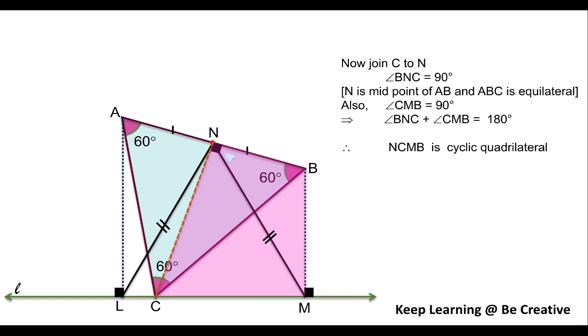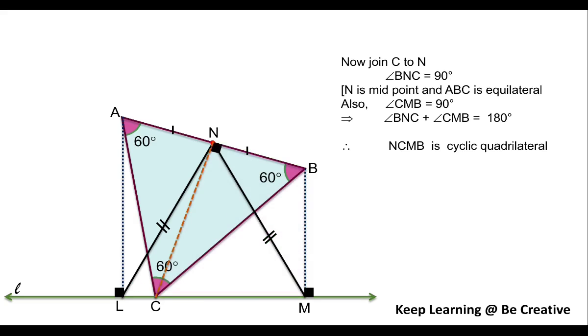So here you can see that if this is a cyclic quadrilateral, then this angle is 60 degrees. With the help of this angle, I can bring certain angles of this triangle also as 60 degrees. Let's see. If you consider angle NBC, the angle in the same segment with this is angle NMC, which is the angle of triangle LNM.